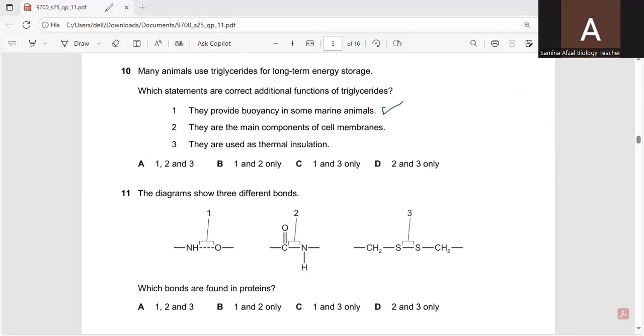This is a correct statement because triglycerides are fats. They are less dense than water, due to which they help the marine animals with buoyancy.